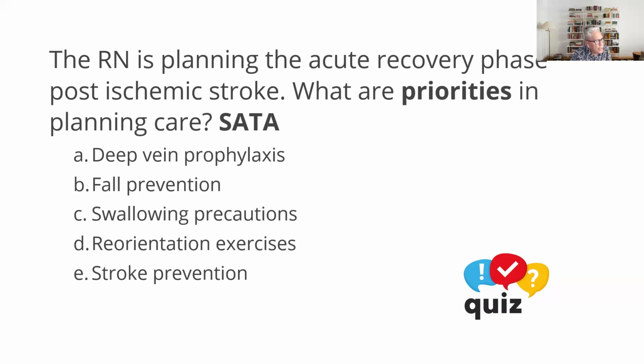Okay, so there are keywords over here that we need to underscore. Acute recovery phase, which means that the patient was just in the ICU. So, what are some of your priorities? Well, deep vein thrombosis prophylaxis is going to be one of them. You remember, we need to put sequential compression devices or TED stockings. Fall prevention, particularly in patients who have right hemispheric stroke.